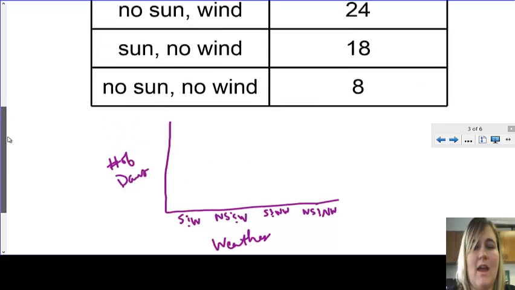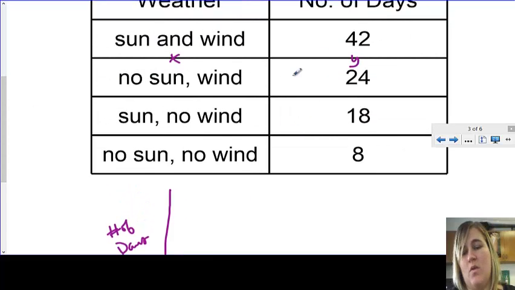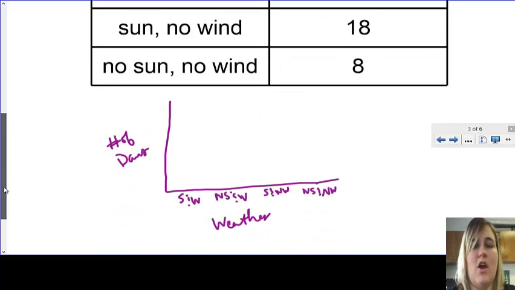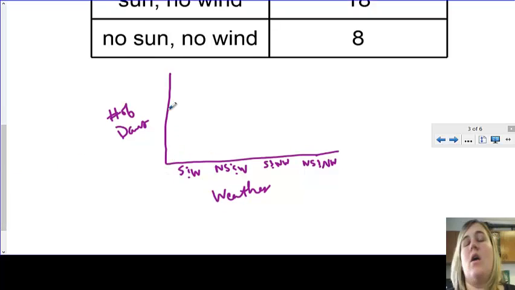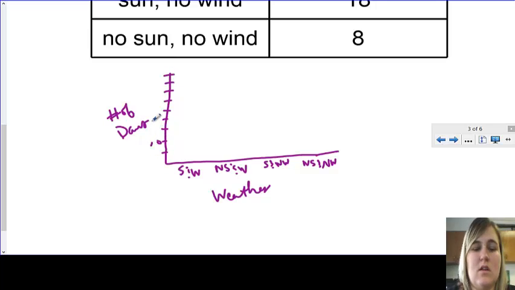All right, so our days range from 8 to 42. So I'm going to go by 5s up the side for my y-axis. So I have 5, 10, 15, 20, 25, 30, 35, 40, and 45. So we'll go 10, 20, 30, 40.